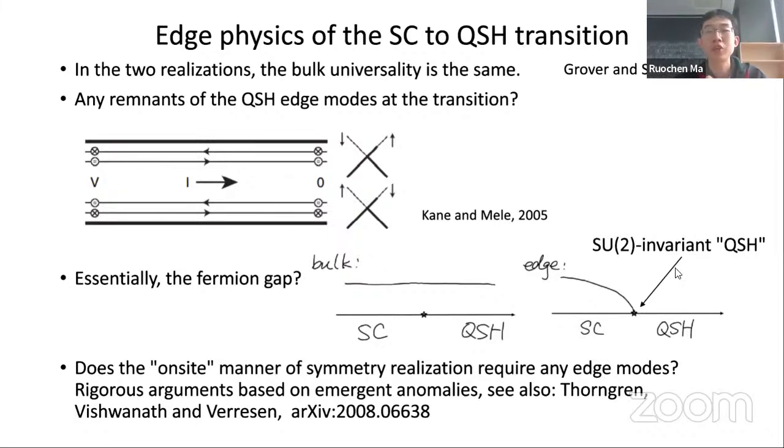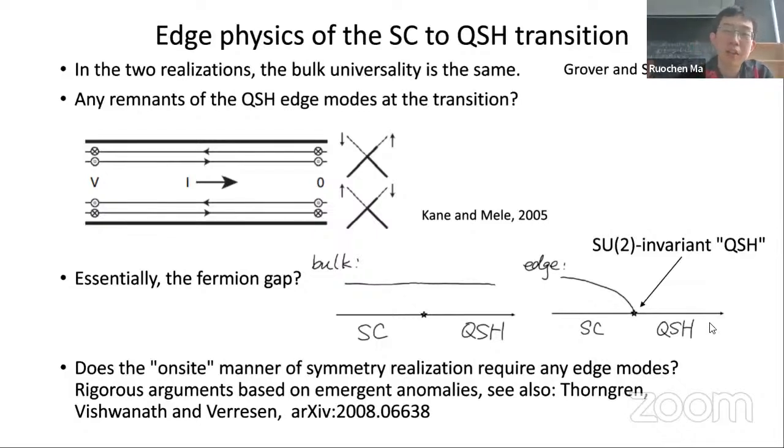So if at the edge there is indeed some remnant of the quantum spin Hall edge mode at the phase transition, then it could be viewed as some SU2 invariant analog of the quantum spin Hall insulator, which is known to be impossible if the bulk is gapped. This is the familiar statement that a topological insulator requires spin orbit coupling.